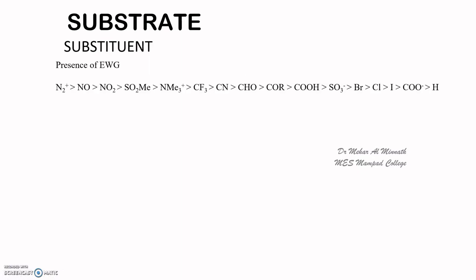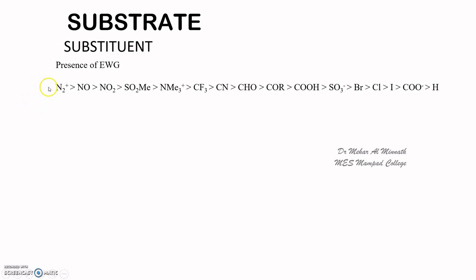Now let us see what the effect of the substrate is on this mechanism. The substituent on the substrate has an important role, as we have said earlier. If the substituent is an electron withdrawing group, the aromatic nucleophilic substitution reaction will be enhanced.